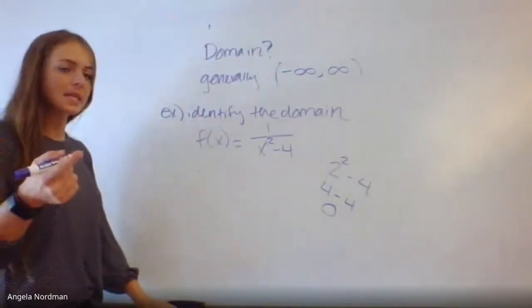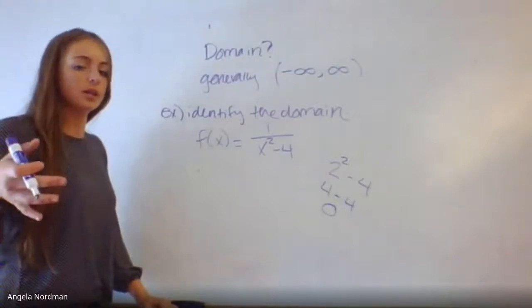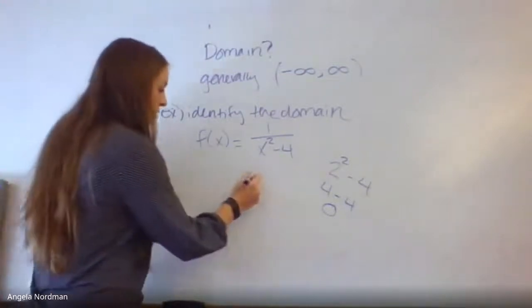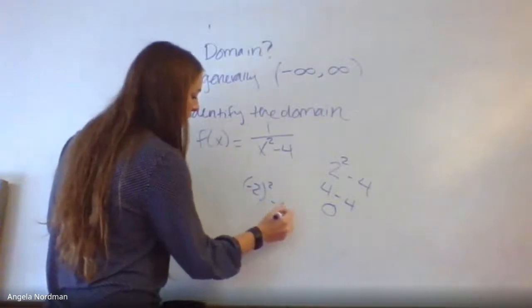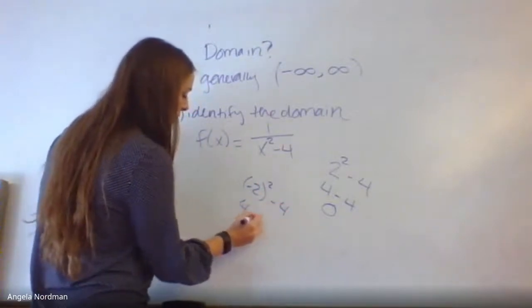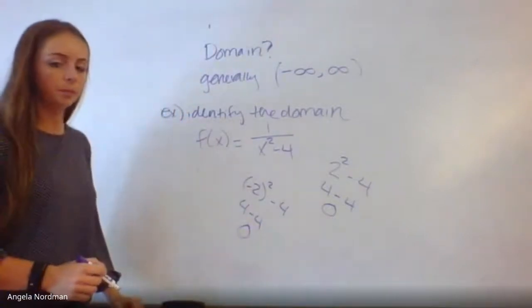Okay, but is that all? What happens to a negative number when you square it? It turns positive. So let's also say, if I use -2 squared minus 4, this is still +4 minus 4, and that is still 0.